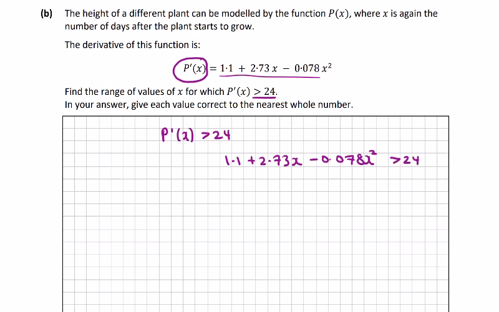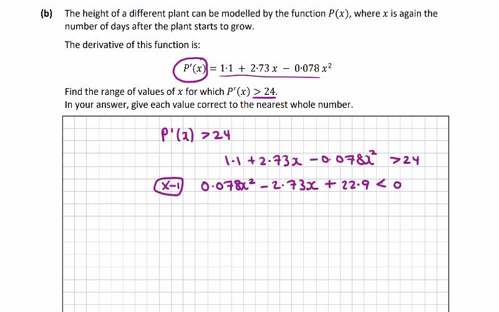Well, if I bring the 24 to the left, that's going to be a minus, and then multiply by minus 1. So we're going to get 0.078 x squared minus 2.73x, and then it'll be minus, but then that's going to become a plus 22.9, and we multiply by minus 1, that'll get to be less than 0.